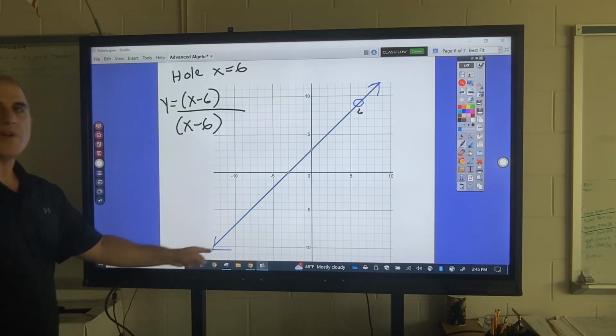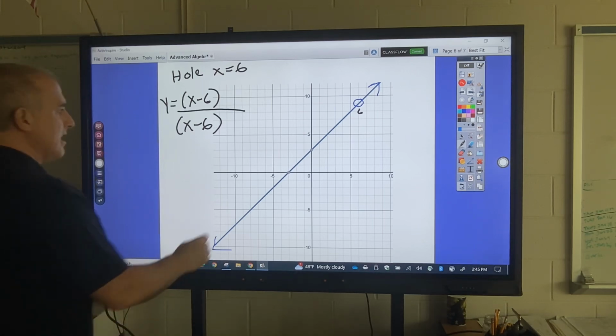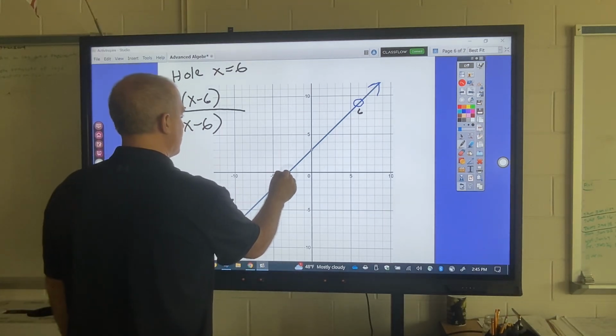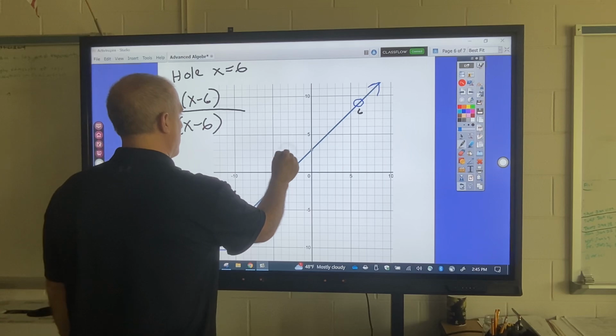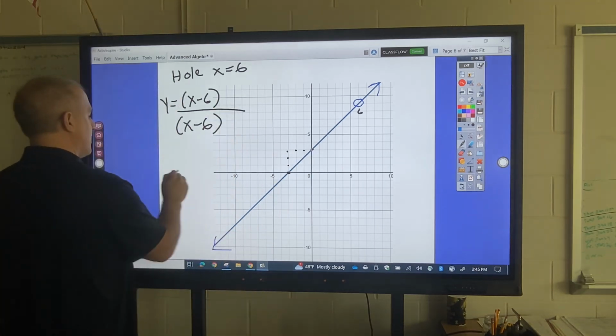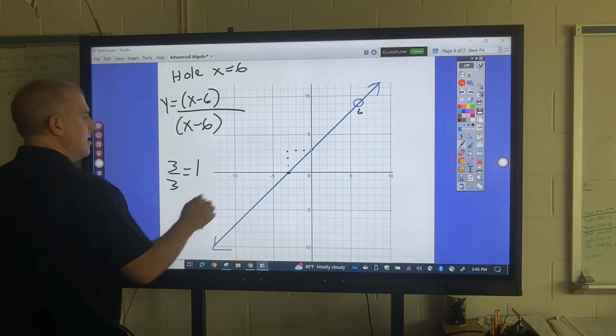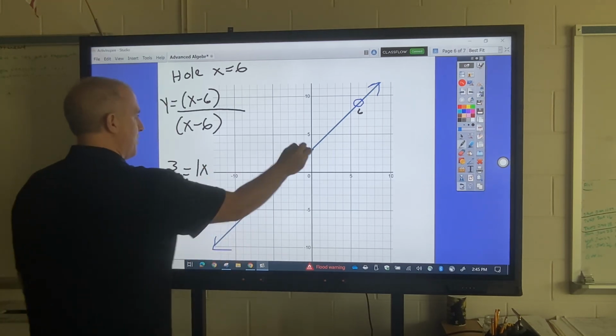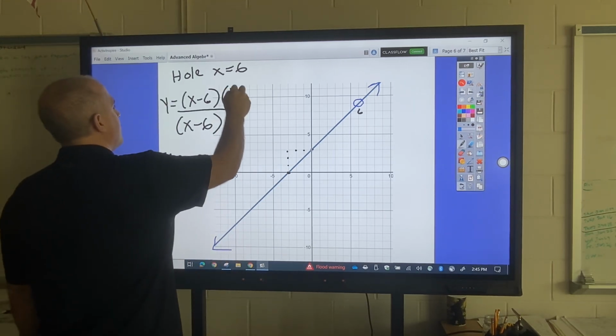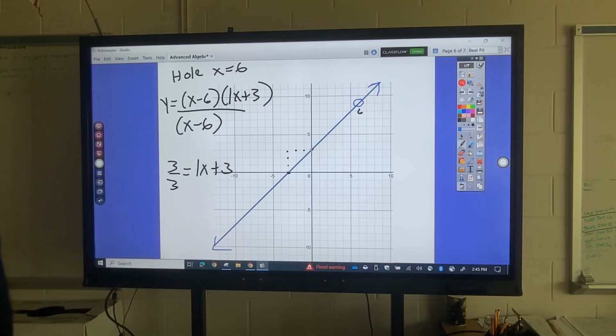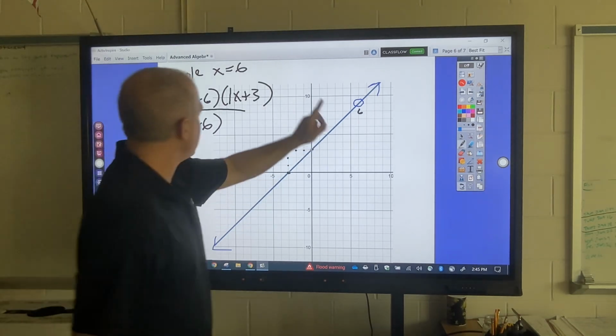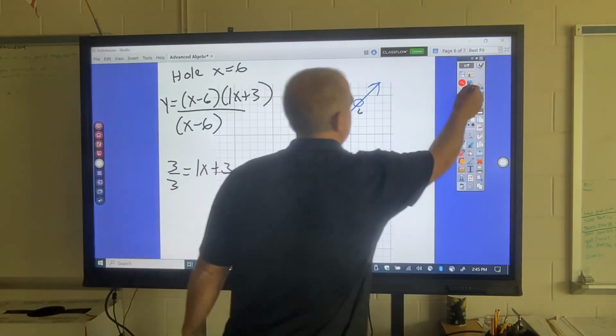The only way I can get that line is I look at the slope, that's up 1, 2, 3 over 1, 2, 3, so that's 3 over 3, which is 1. It's passing at 3, so that's this. So this would be my equation, because that would eliminate that, and there's my hole.